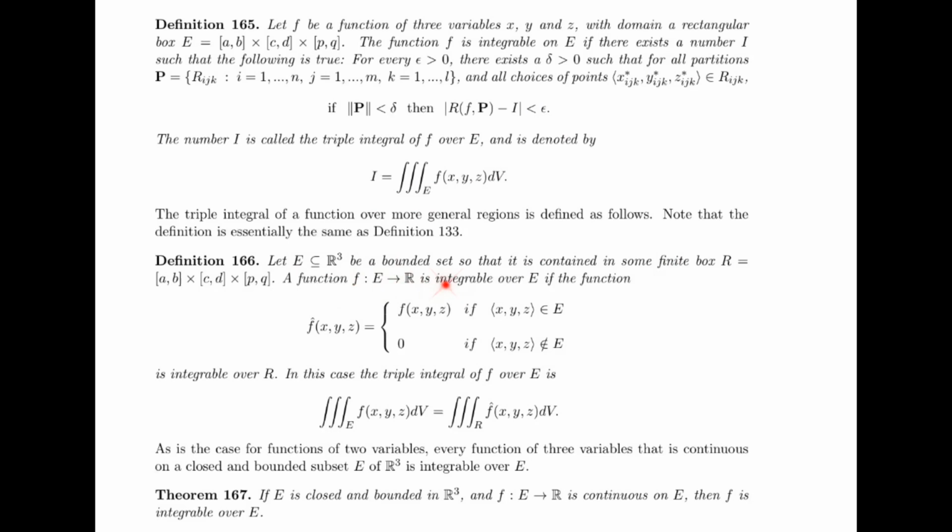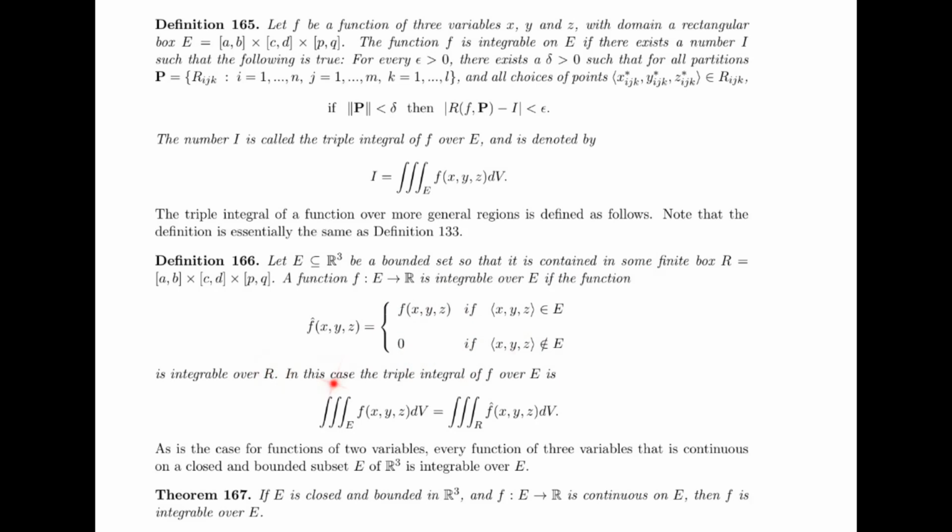Now we're going to call a function integrable if, what do we do? We're going to extend the function to 0 on the whole rectangular box. So we take the function to be equal to the original function if the point was in the region E, and if it was outside, we take it to be 0. So we're extending our function so that it's now defined on the whole rectangular box.